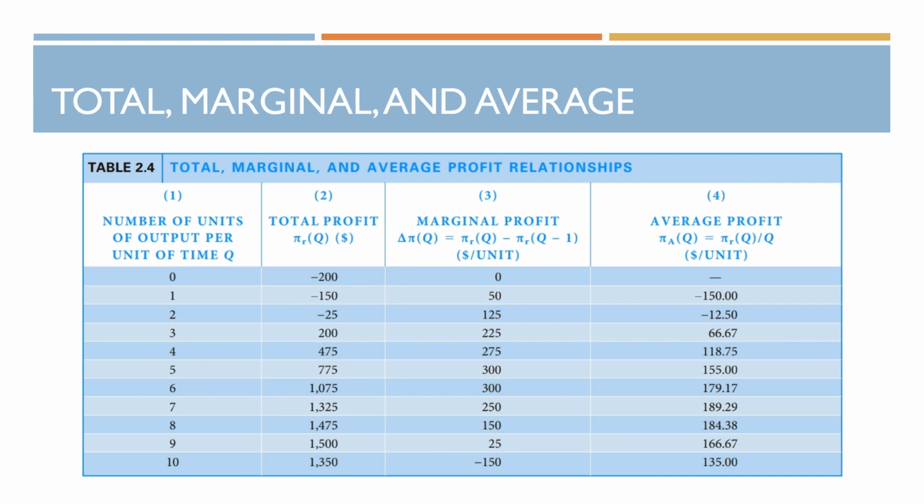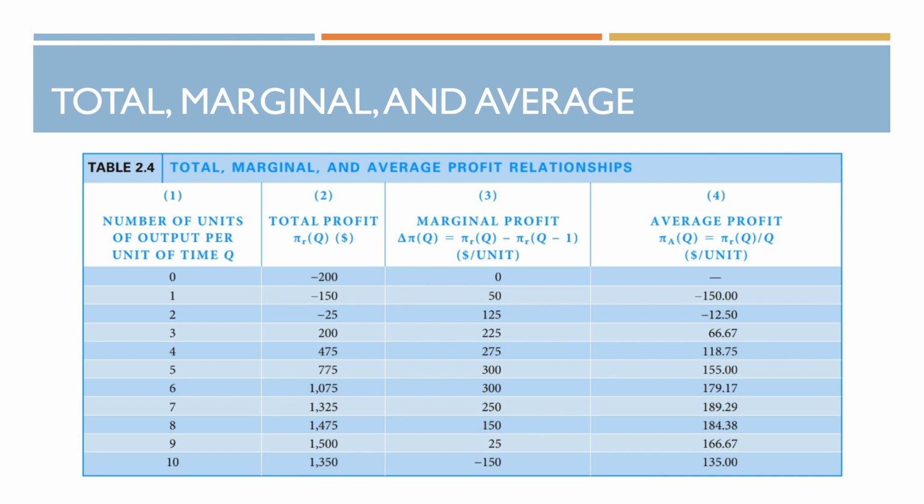The second column is the total profit earned from that number of units sold. The third column represents the marginal profit, how much additional profit we can get from selling one more unit of the product or service. And the last column represents the average profit, which is the total profit divided by the total number of outputs sold by the firm.